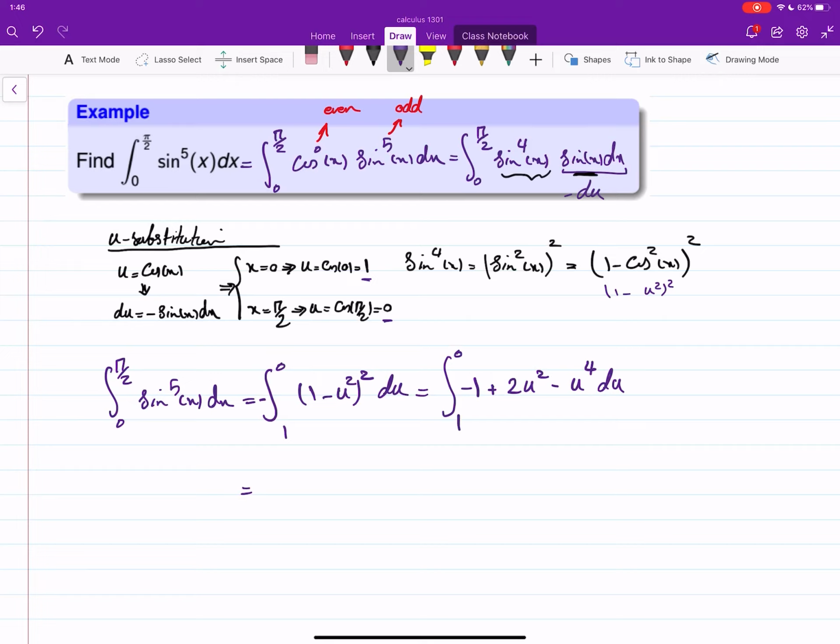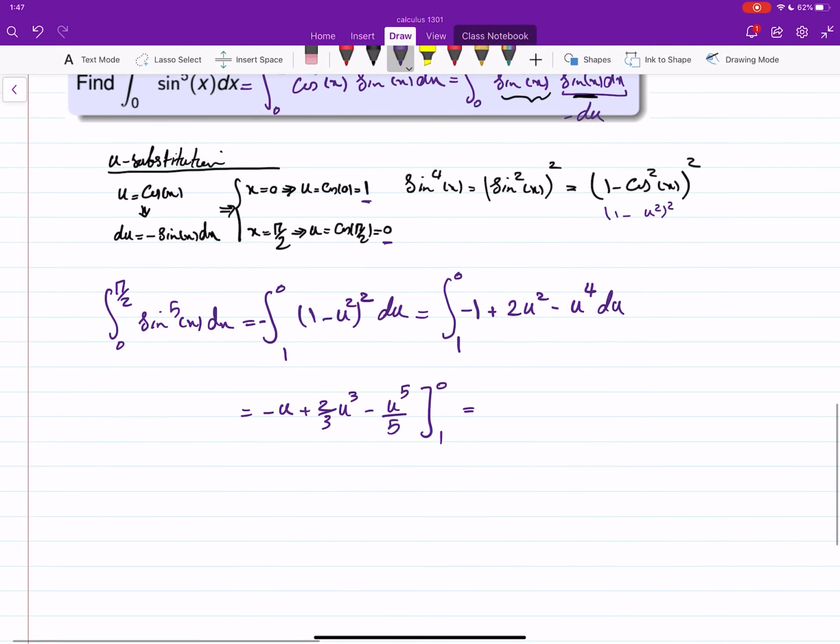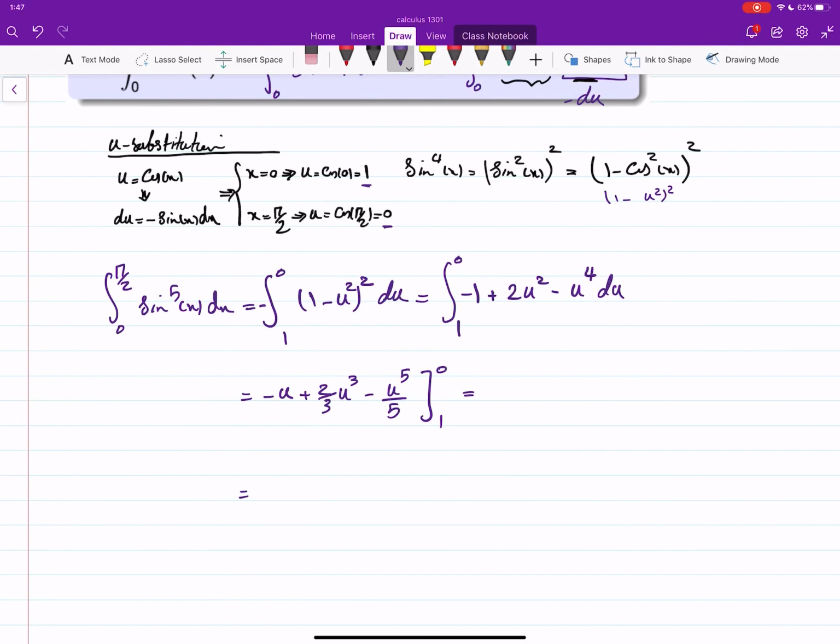Now I have, well, simple linearity, and the power rule will give me everything that I want. Minus u plus 2/3 of u cubed, minus u to the power 5 over 5, going from 1 to 0. This is the fundamental theorem of calculus. Okay, let me write down here. When I plug in 0, everything will become 0.